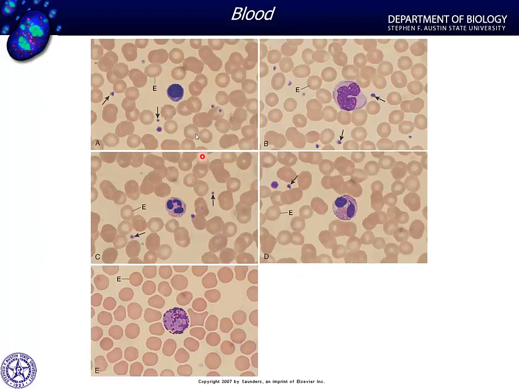In this image, we can see our lymphocyte, mostly nucleus, very thin rim of cytoplasm. The indented nucleus of the largest of our peripheral blood cells that we're going to see, this is the monocyte. Then as we look at our granulocytes, we're going to see that we can have different shapes and patterns and sizes to the nucleus, different staining.